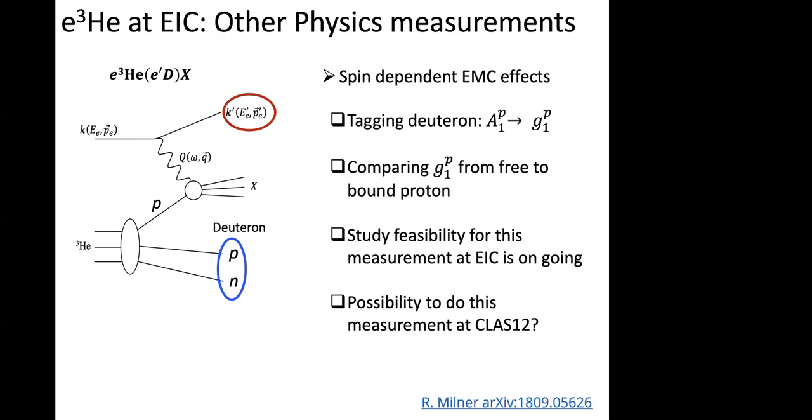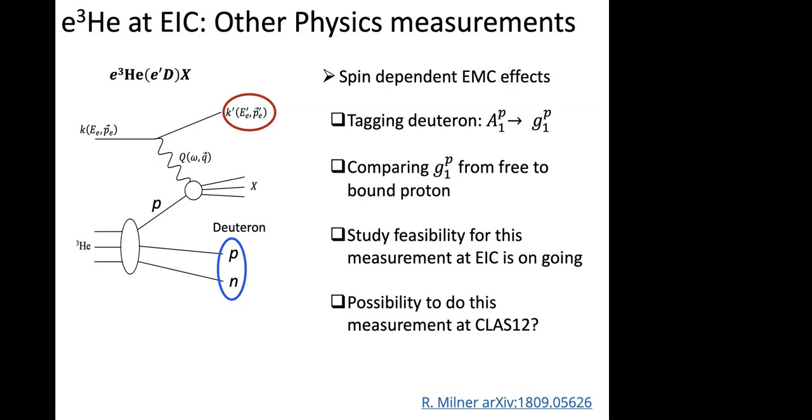And from this A1P, we will be able to extract the G1P. So why is it interesting? With this tagged measurement, what we are getting is the G1P from a bound proton. Then we can compare the G1P with the measurement from a free proton, and study how the G1P differs from bound to free proton.